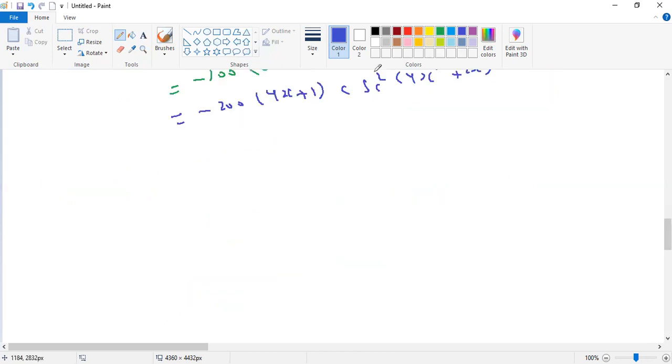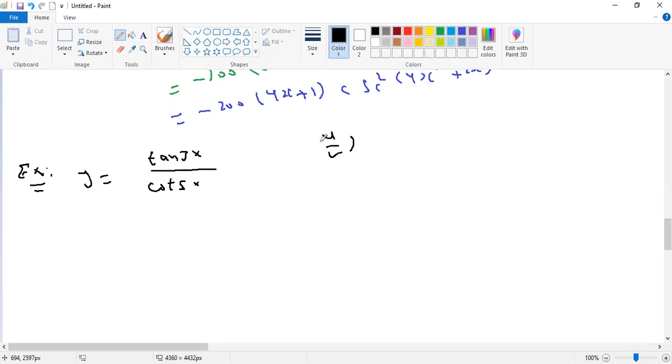Now if we have an example, let me say, for example, y equal to tan 3x over cotan 5x. Now what do I have to use here? I have to use the quotient rule.